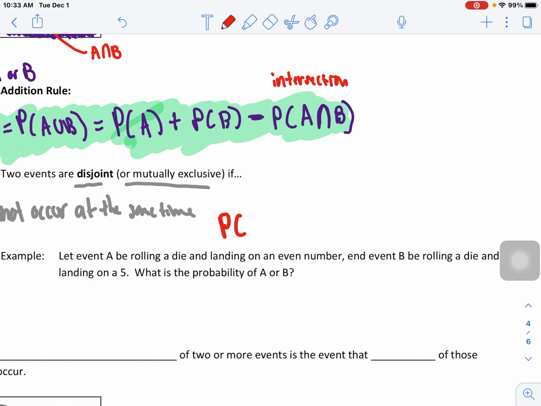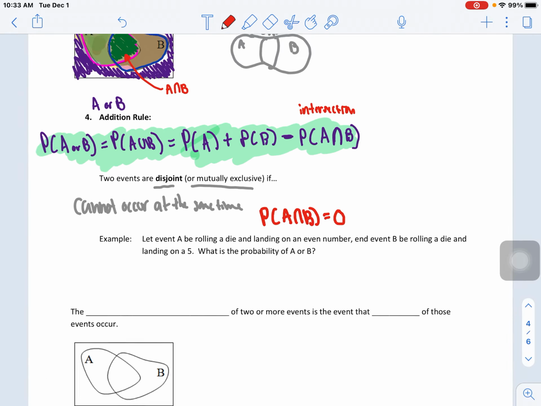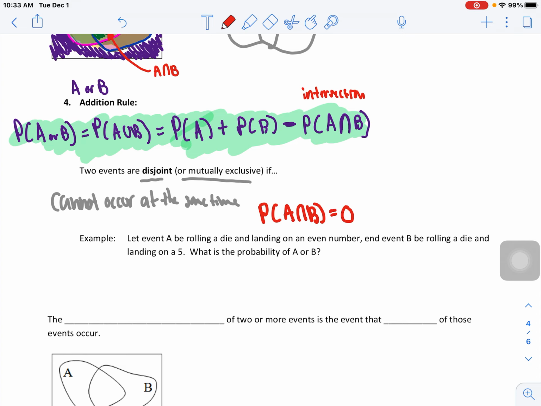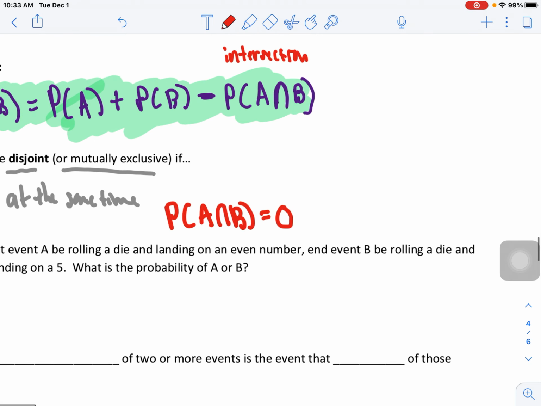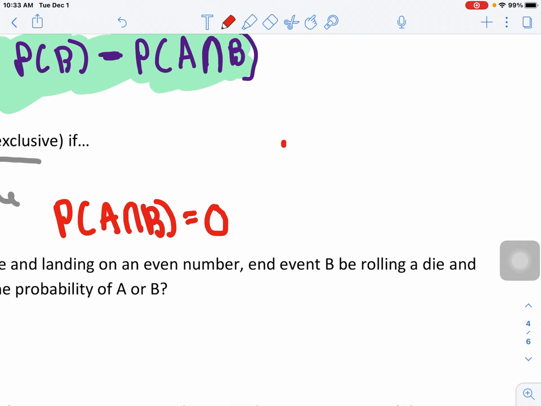It would basically mean that the intersection, so the probability of A and B happening at the same time, is 0. I'll show you a little picture of this.